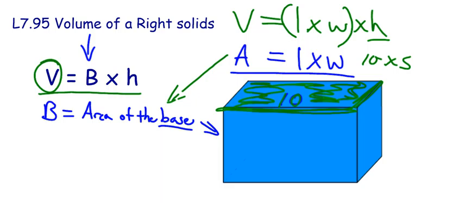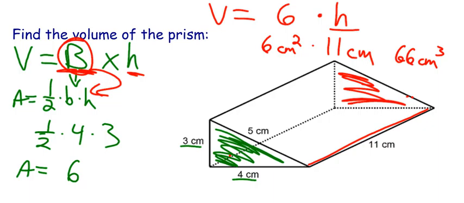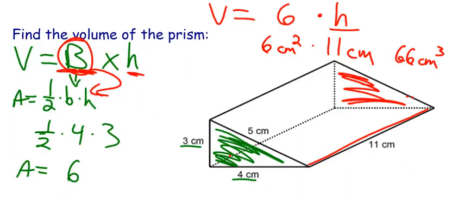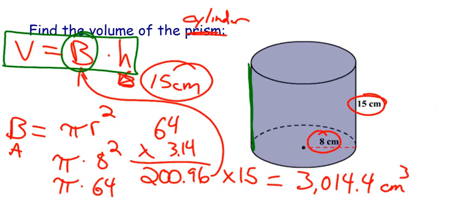We find the area. Once we found the area of that shape, then we're going to multiply by the height of the prism, or of the cylinder, which is always that length that connects one base to the other base, just like here, right? Base to base, and so forth. And in the end, we come away with the volume of those shapes.